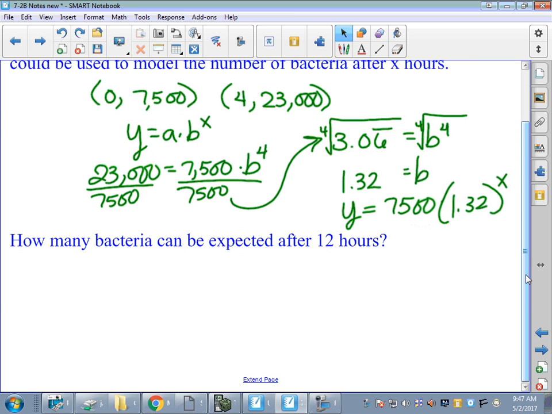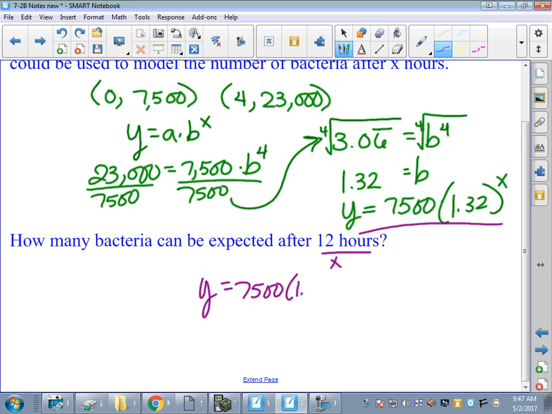The extension to that, how many bacteria can be expected after 12 hours? Well, since 12 represents the actual x value, if I use this equation now, I can find the y value given 12 as my x value. So I'm going to use y equals 7,500 times 1.32 to the 12th power.